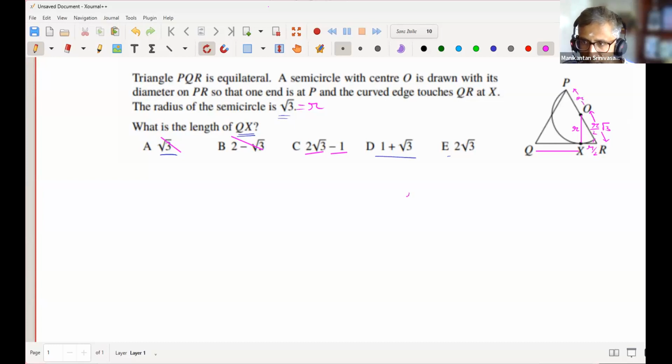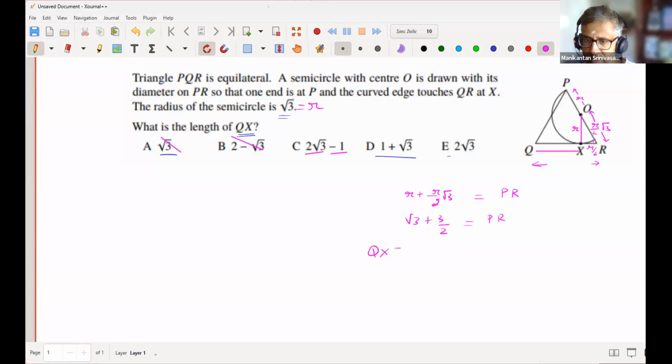So what do we have? I have R plus R by 2 times root 3. That's the length of the side of the equilateral triangle, and R is given as root 3. So root 3 plus 3 by 2 is the length of the side, which means QR is also that. And then from this we have to subtract XR.